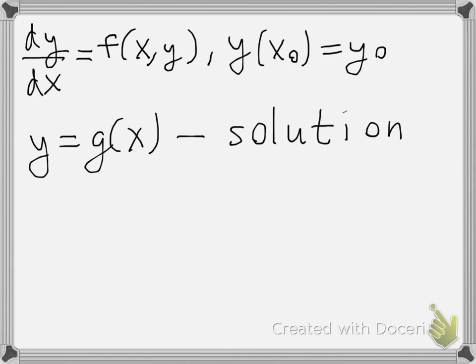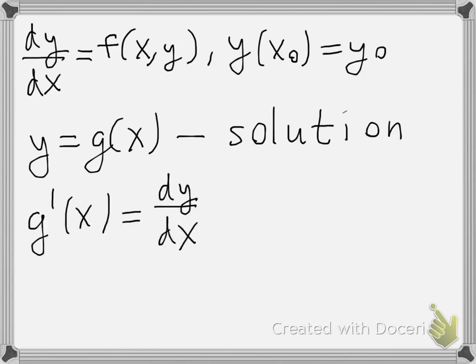So we don't know this solution. Okay, but since g prime of x equals dy/dx, from our differential equation here, we see that dy/dx is the same as f of x, y.